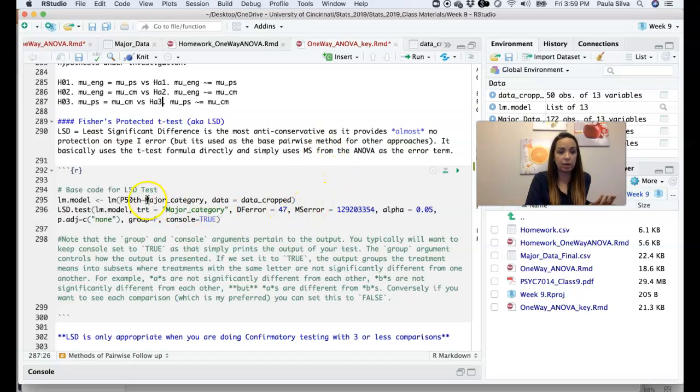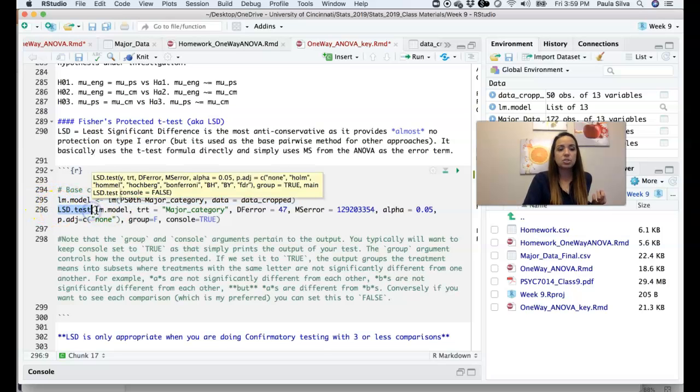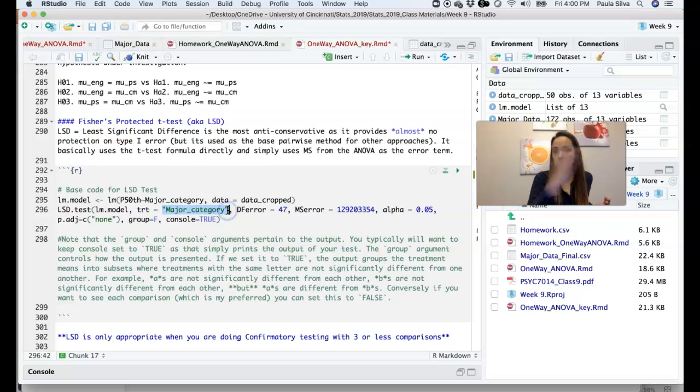So this is the R code if you want to run an LSD, the least significant difference test. You set up your LM model because you're going to need it. Then you use it as an input to the function LSD test. So the LM model is one input. And then we say the TRT is which major, which is the category that you want to do the pairwise comparisons over, which is major category.